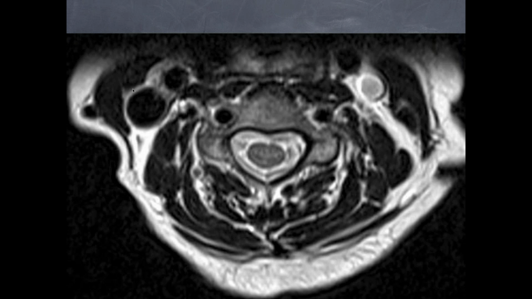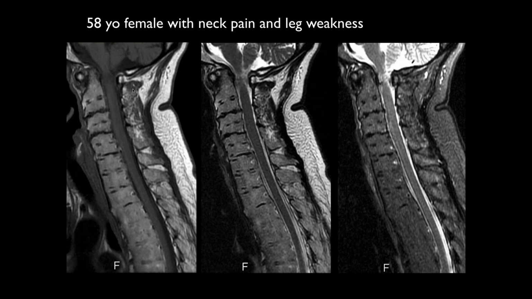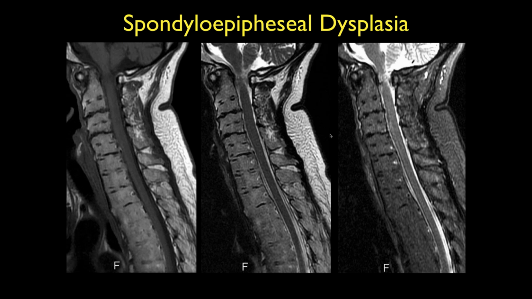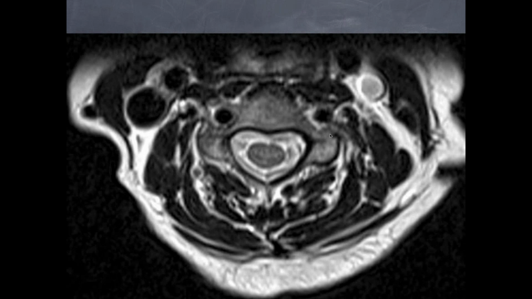Okay, so C1-2 produces probably 50% of motion. The cord doesn't look great here either, so there may be a lot of motion here that's impacting. Yeah, that's probably the problem. Probably be better off without any.